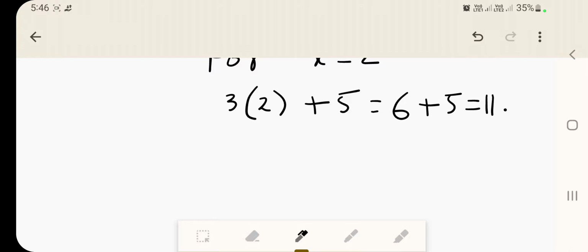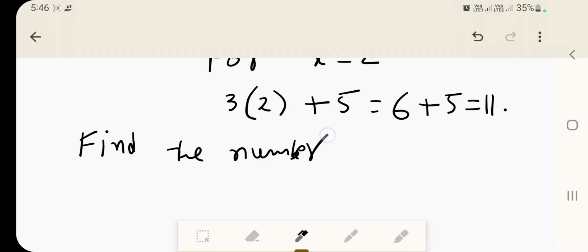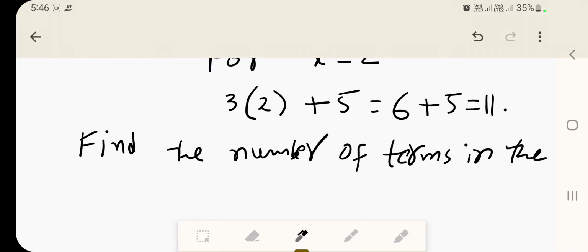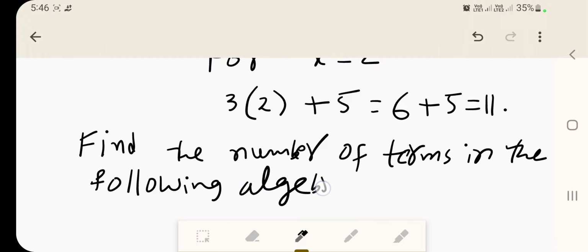They ask: find the number of terms in the following algebraic expressions.